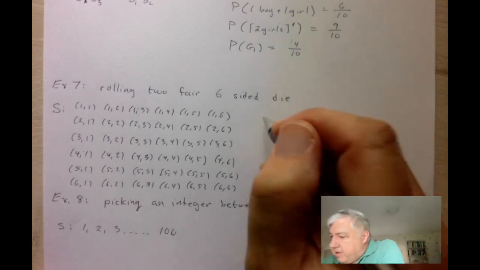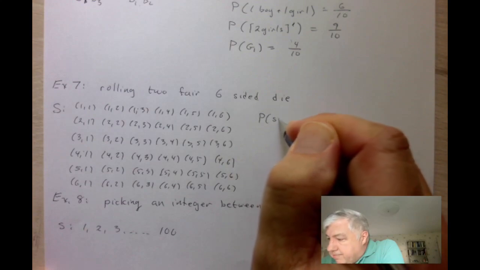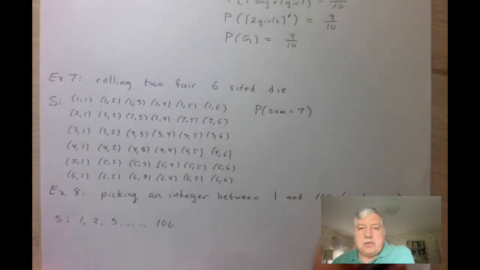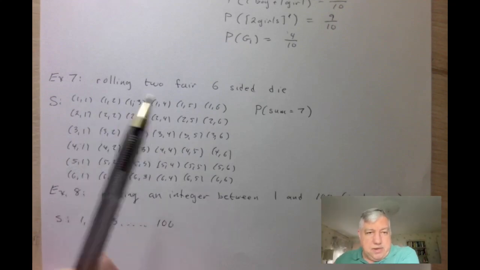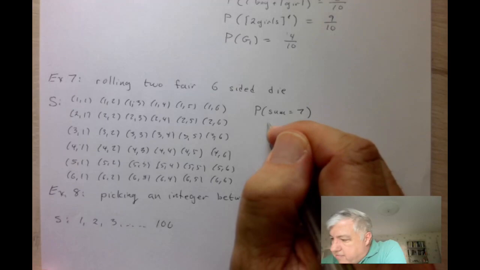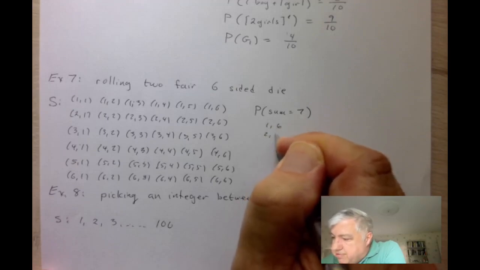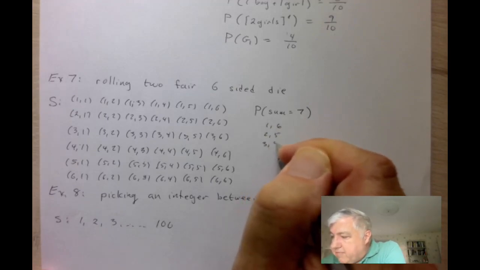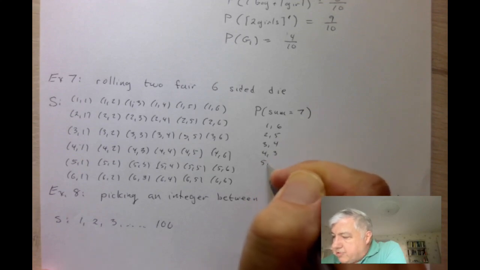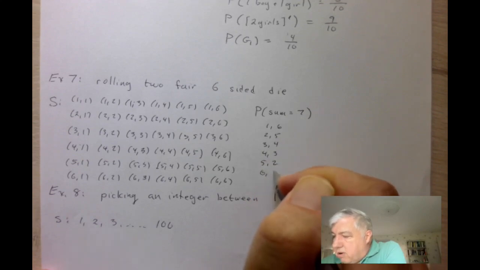But let's say we wanted to find the probability that the sum is equal to 7, which is actually the most likely sum. The probability is how many ways can you get the sum of 7? Well, you could have 1 and 6, 2 and 5, 3 and 4, 4 and 3, 5 and 2, and 6 and 1.